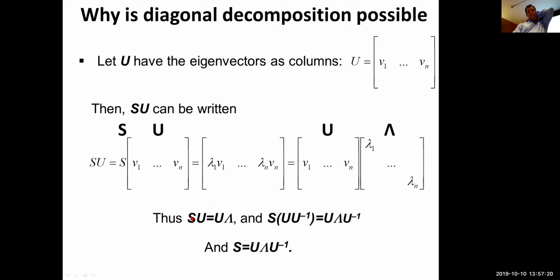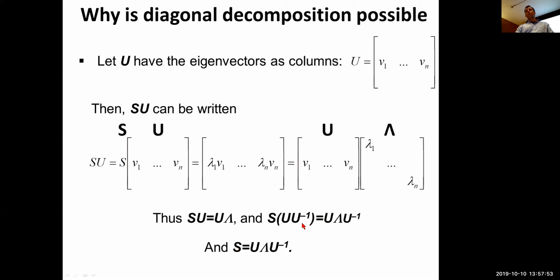So SU is the same as U lambda, where lambda is the matrix with only the eigenvalues on the diagonal. Then I can multiply both sides by U minus 1, the inverse of U. I then have S U U minus 1 on one side, and U lambda U minus 1 on the other, and in the end I can express S because these two cancel each other.